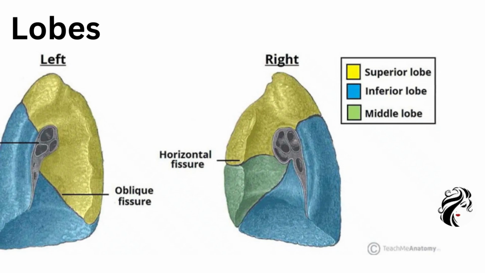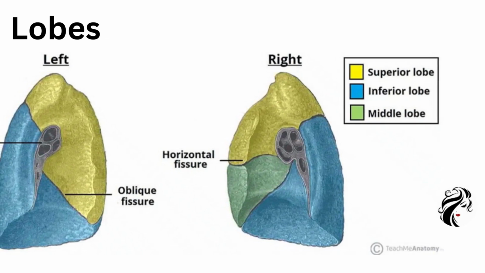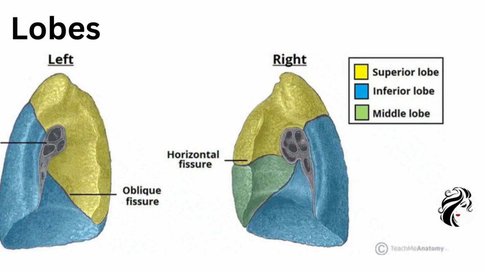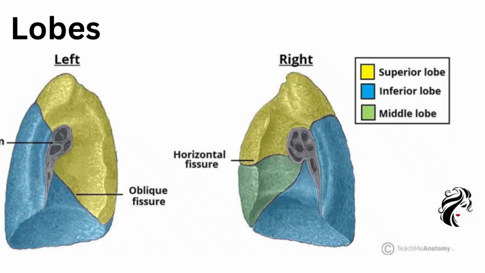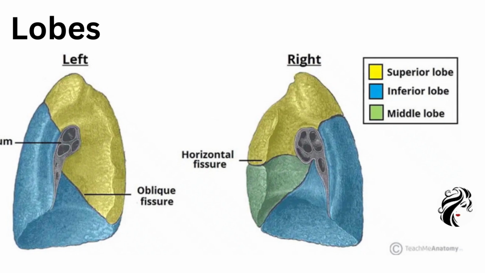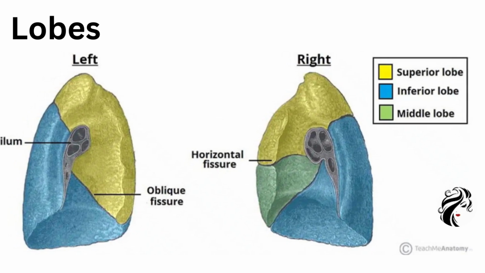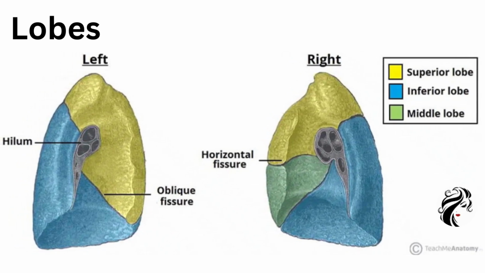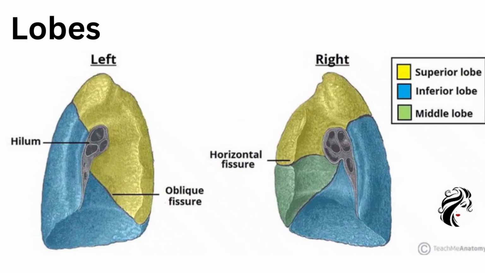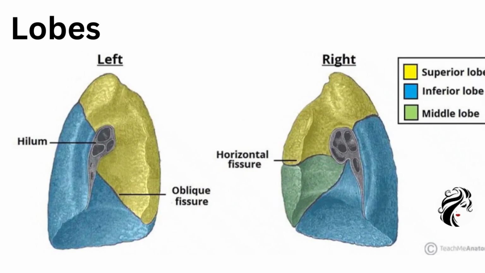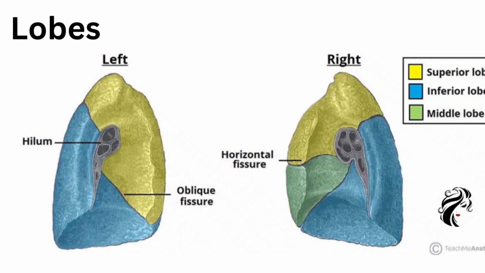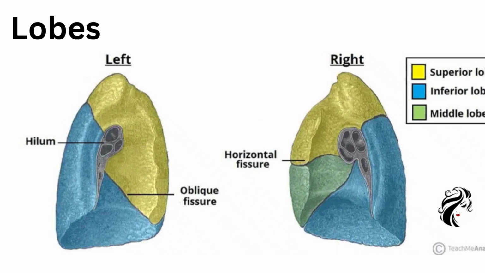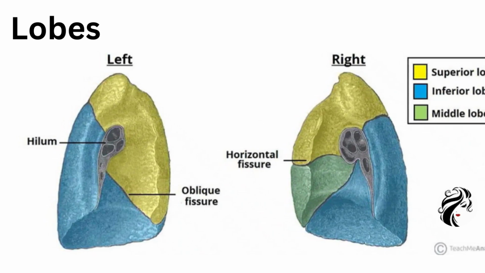As we discussed before, we have three lobes in the right lung and two lobes in the left lung. The hilum is shown in between, so you can easily see where the hilum is. The lobes are divided by fissures, and we have two lobes in the left lung.